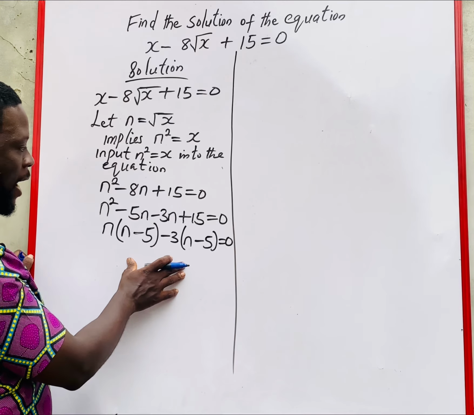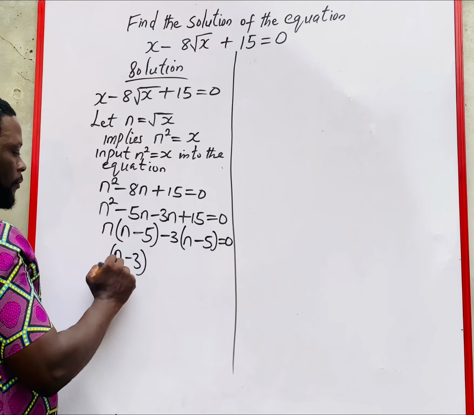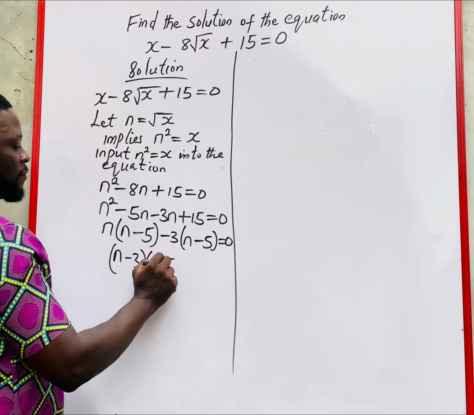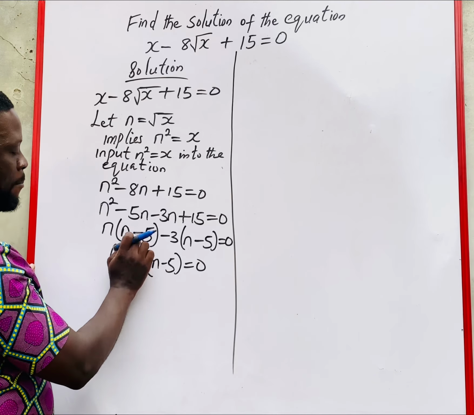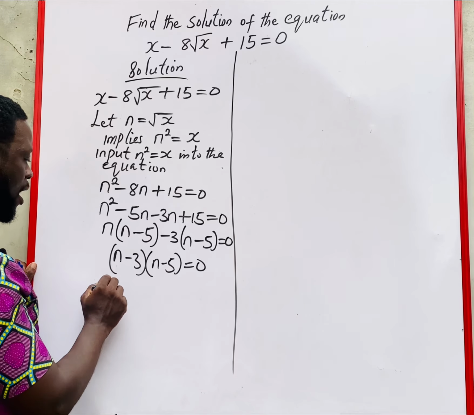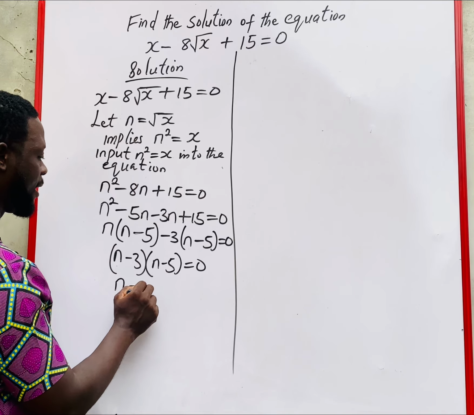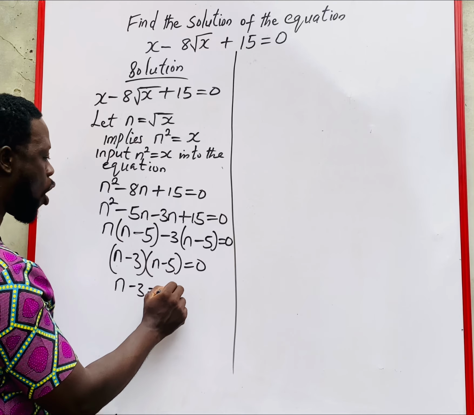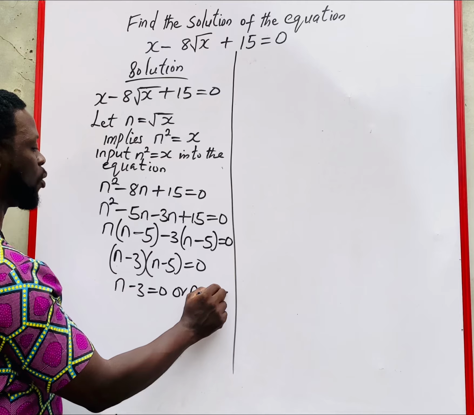So we are factorized now. So we have n minus 3 bracket n minus 5 equal to 0. All right, you factor out n minus 5. So here now you have that n minus 3 equal to 0 or n minus 5 equal to 0.